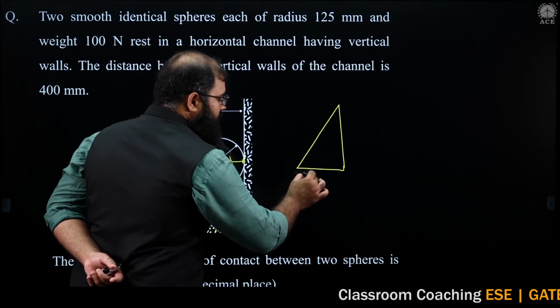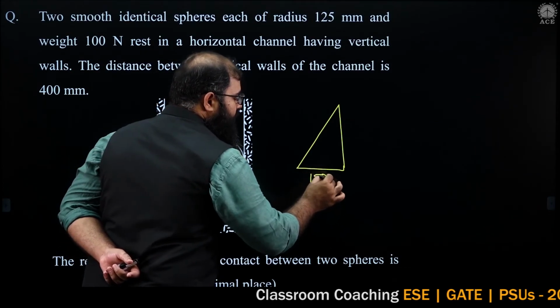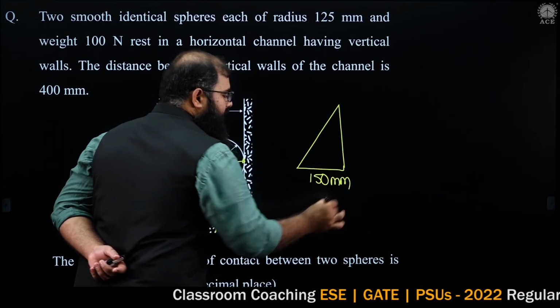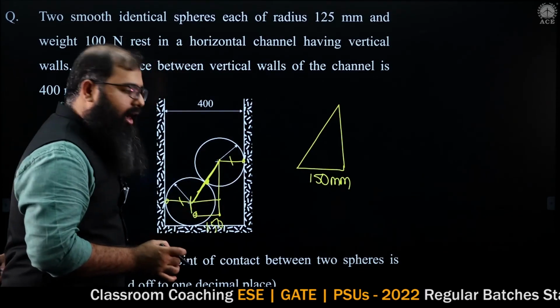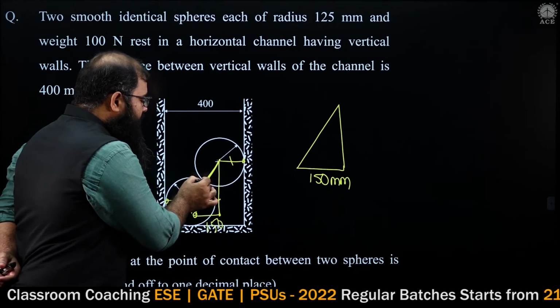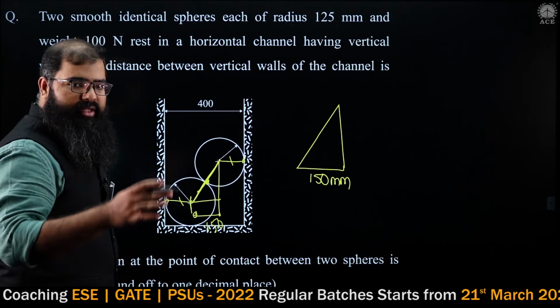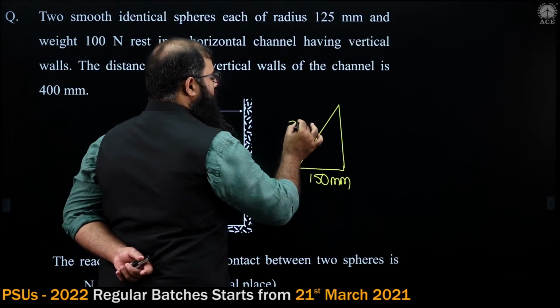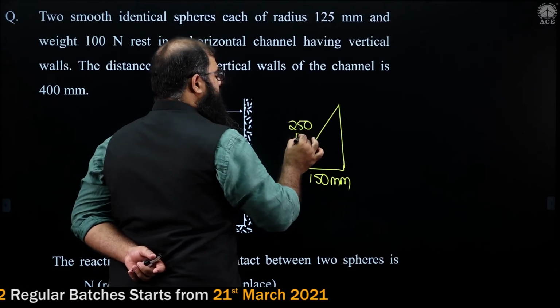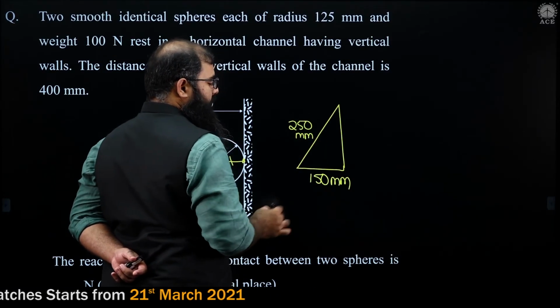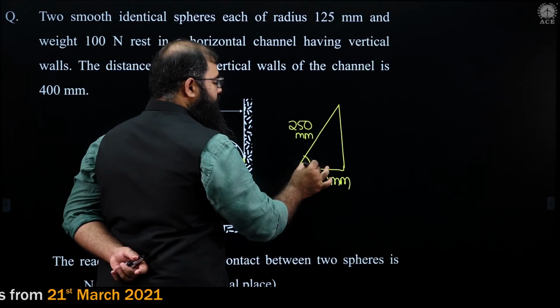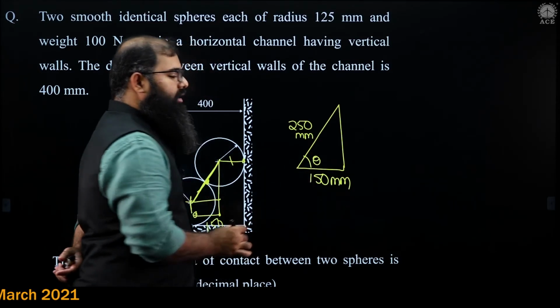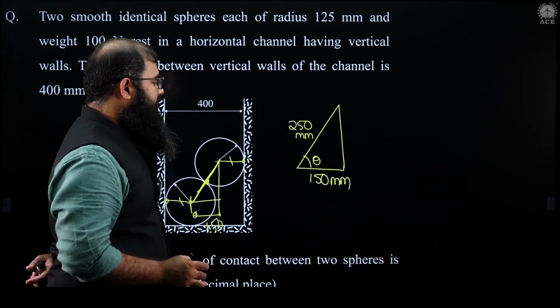I have over here the base as 150 mm. And what about the hypotenuse? Hypotenuse is the radius of this sphere and radius of this sphere combined, which is equal to 125 and 125. That is equal to 250 mm. And let us say this angle over here is some angle theta.